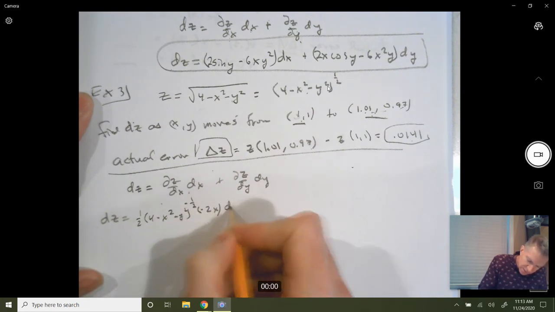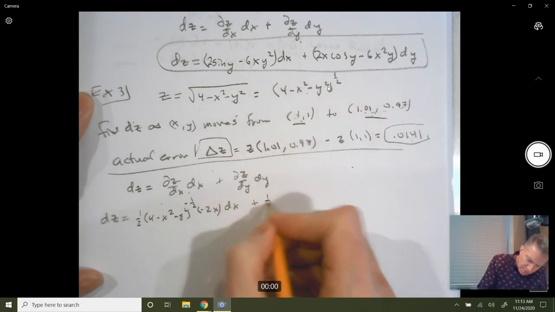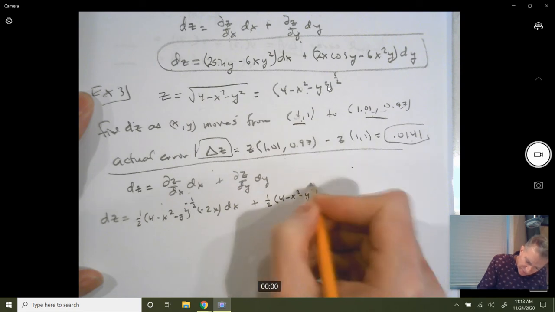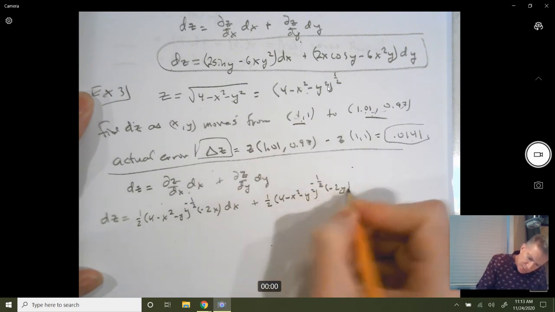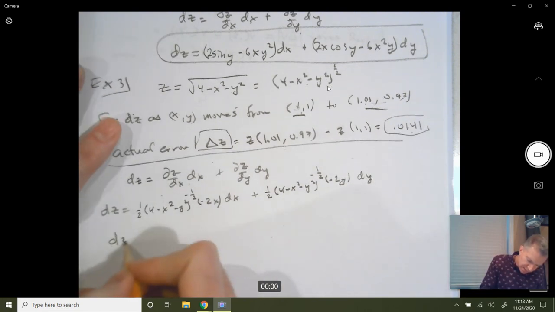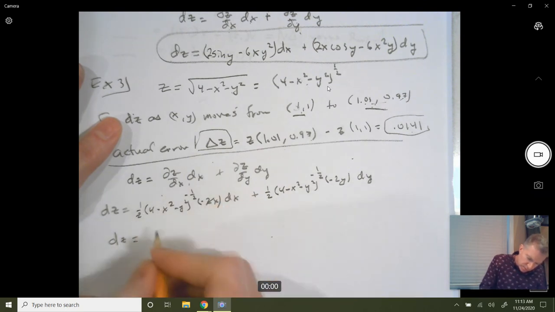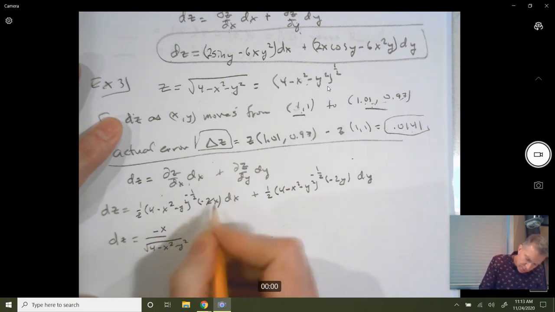That's going to be 1/2 times 4 minus x squared minus y squared to the negative 1/2 times negative 2x times your dx, plus dz dy. So it's going to be 1/2 times 4 minus x squared minus y squared to the negative 1/2 times negative 2y times your dy. Let's simplify. The 2 and this 2 cancel, so dz equals negative x over the square root of 4 minus x squared minus y squared times your dx.